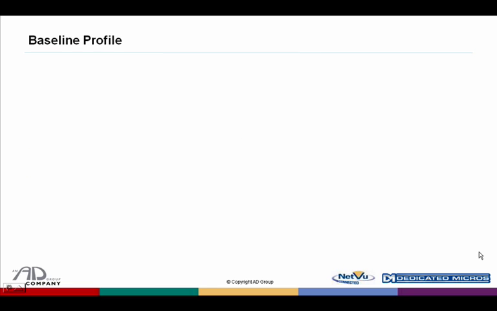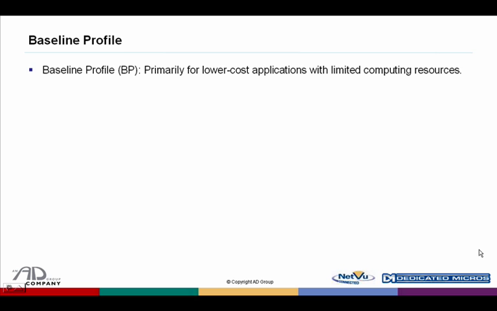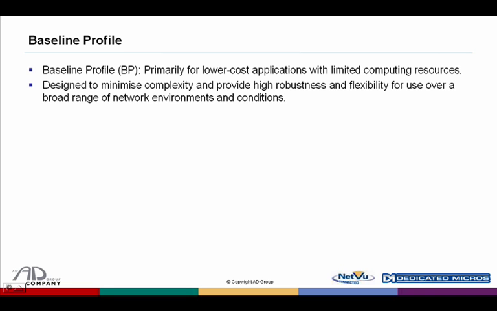Now let's look at some of those profiles in more detail, starting with the baseline profile. This was primarily designed to meet the needs of the lower cost applications for video compression, and it's likely therefore we'll have limited computing resources available to perform our encode and decode functions.